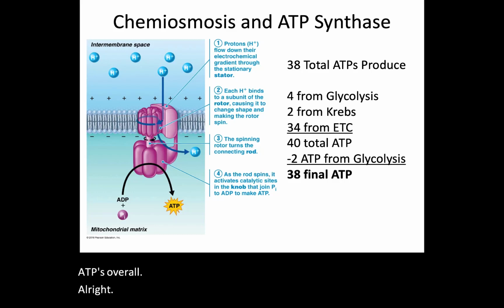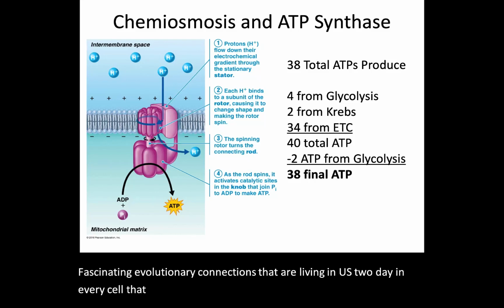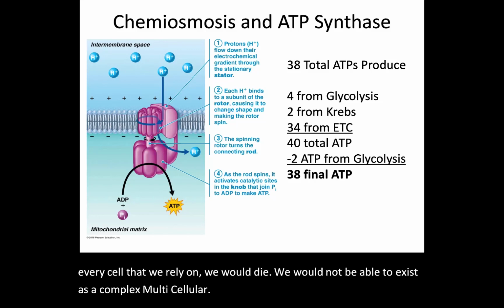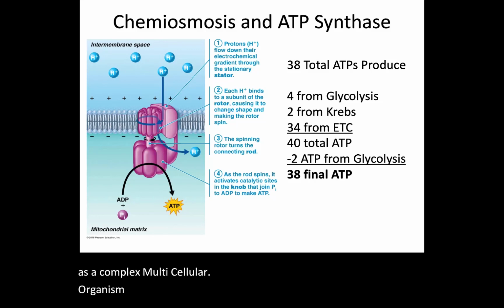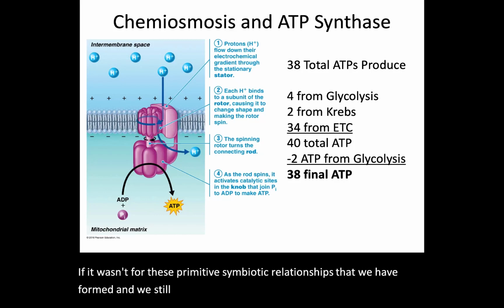Fascinating evolutionary connections that are living in us today in every cell that we rely on. We would die. We would not be able to exist as a complex multicellular organism if it wasn't for these primitive symbiotic relationships that we have formed and we still maintain today with bacteria.